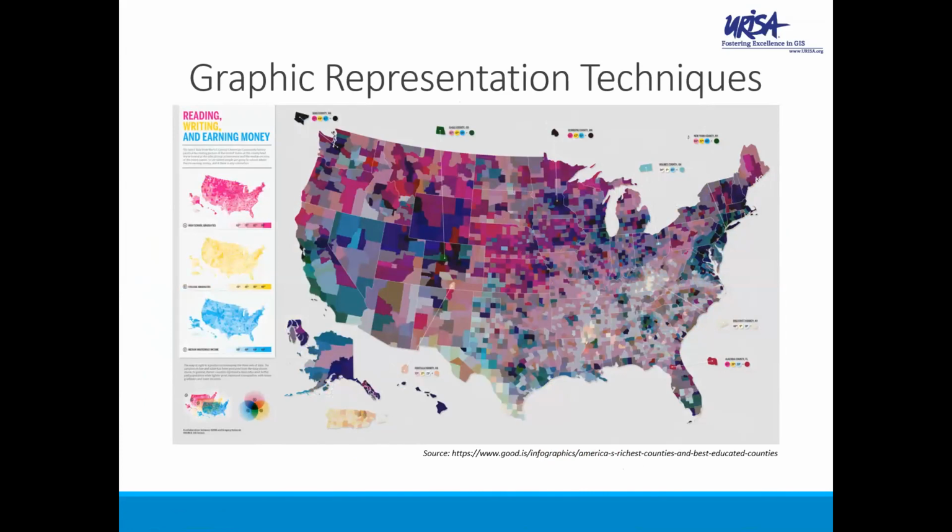Again, reading is shown in magenta on the left, writing in yellow, and earning money in blue. If your eyes are unable to distinguish out of the multivariate what color or what combination it's trying to show, you have those individual series in order to get a better understanding and feeling for your geographical area of interest within a multivariate map.